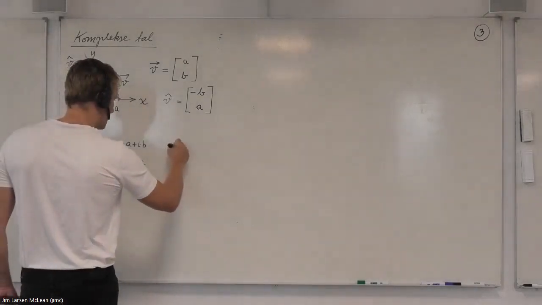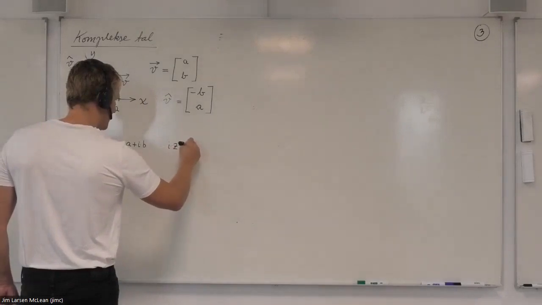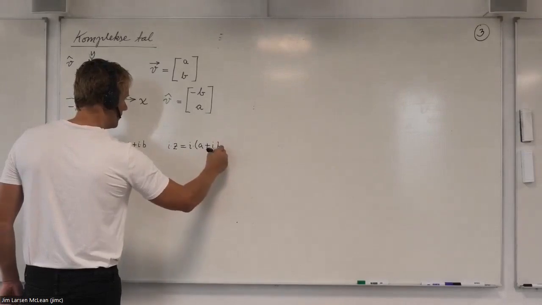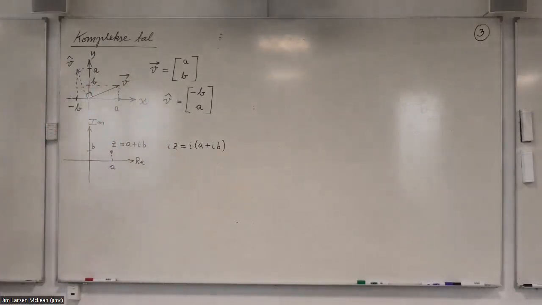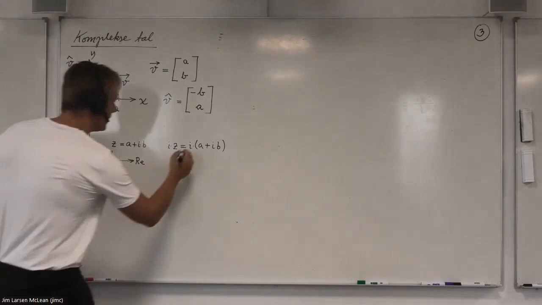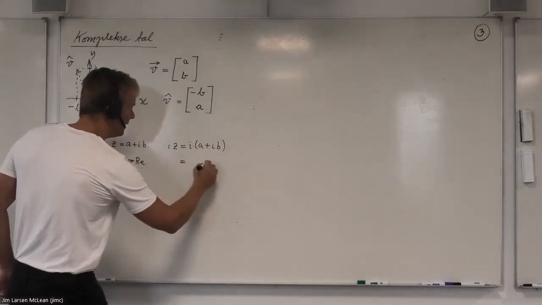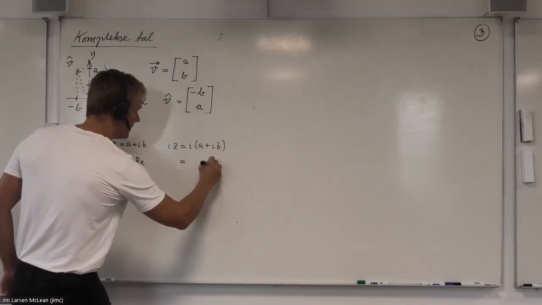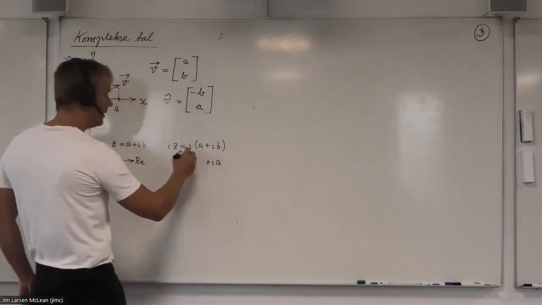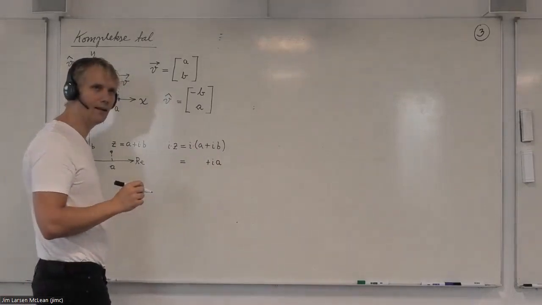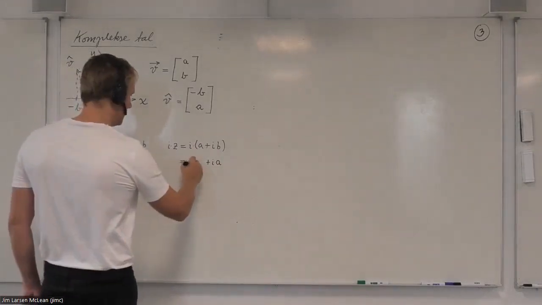If I say i times z, then I get i times a plus ib. And I can just multiply i into the parentheses. Then I get a times i, plus i times ib. That's i squared b. And i squared is minus 1. So I get minus b.